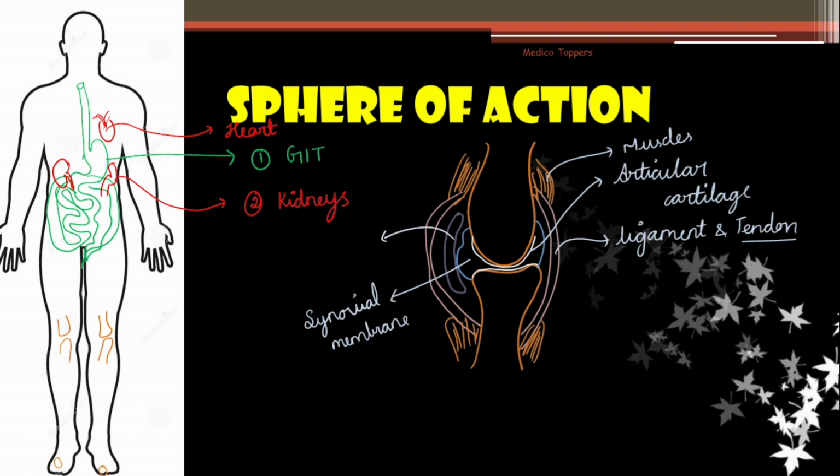This one is bursa. So here, the third most predominant action of Colchicum is over the joints, and it involves all the tissues like bursa, synovial membrane, synovial cavity, then muscles, then articular cartilage, then ligaments and tendon, all the things around the joints.